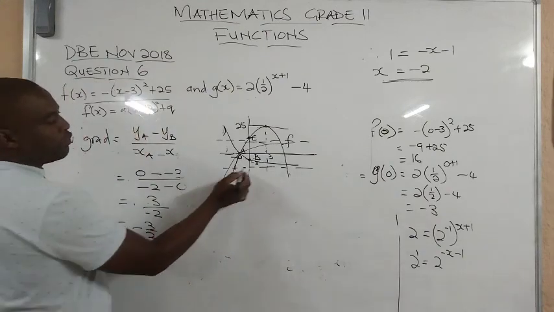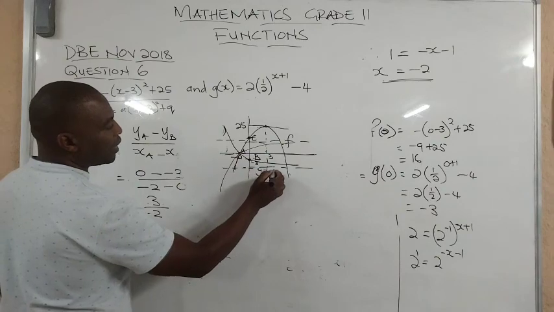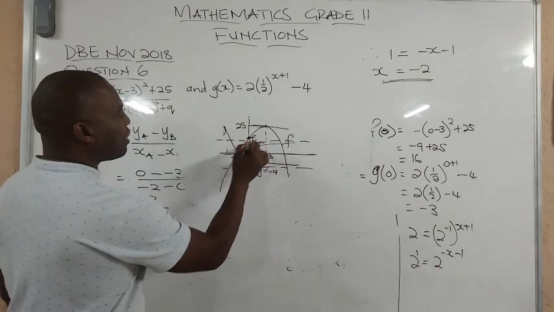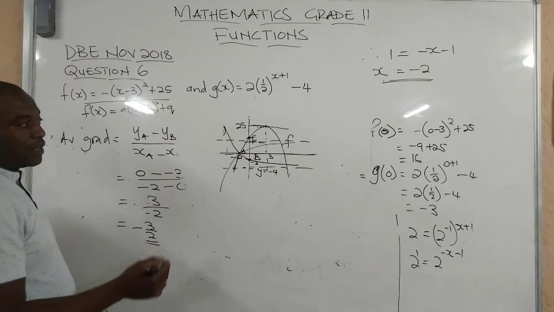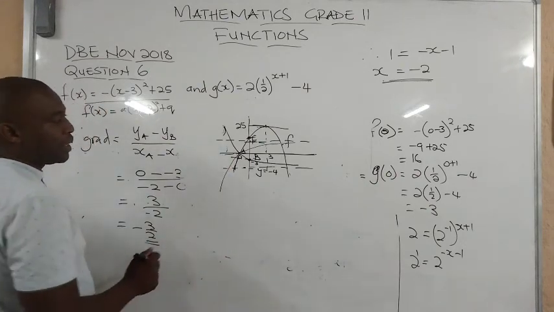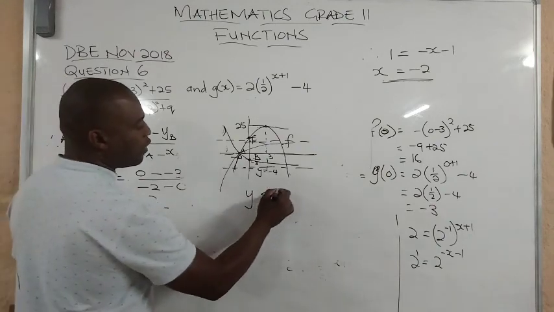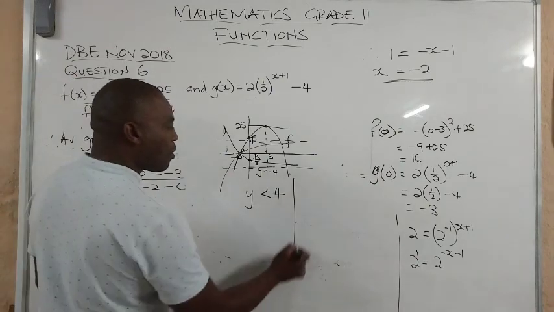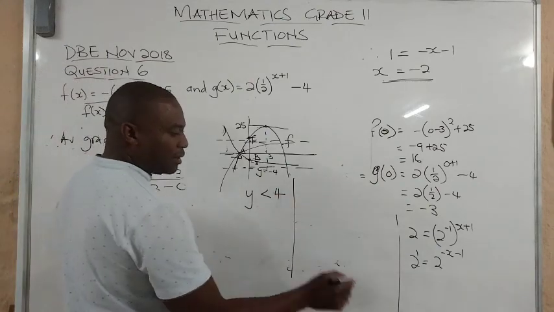So if the asymptote is y is equal to negative 4, if it's reflected along the x-axis, it will come to positive 4. So we are simply saying for the values of y for the graph of T, y will be less than 4. We can basically read that, or we can as well waste time by saying T of x.